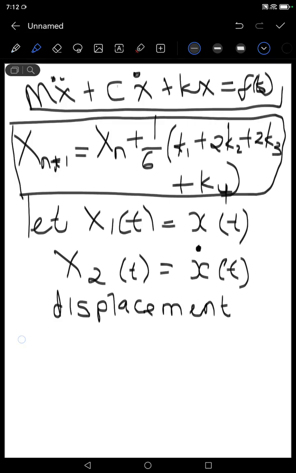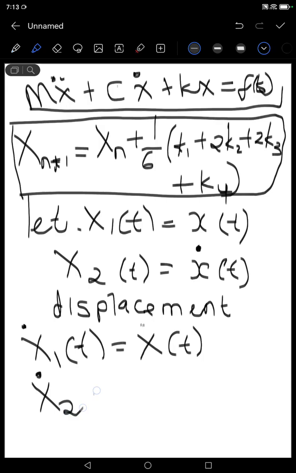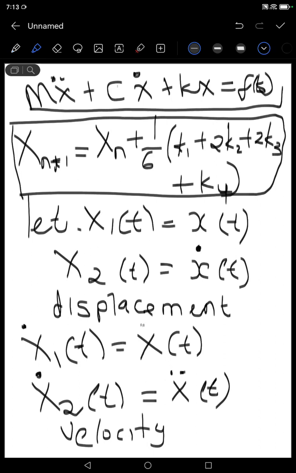So it's going to be x1 dot equals, if we differentiate this, we're going to get x dot of t. And then if we differentiate x2, we're going to get x double dot of t. So this one is velocity.